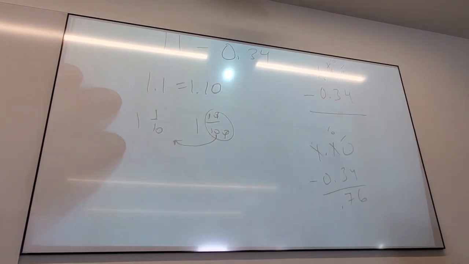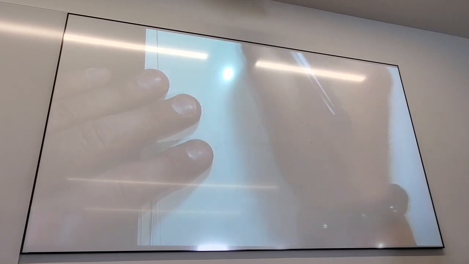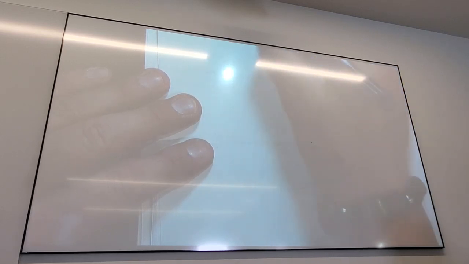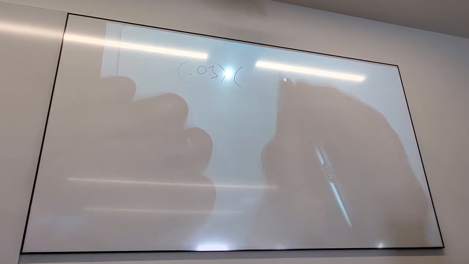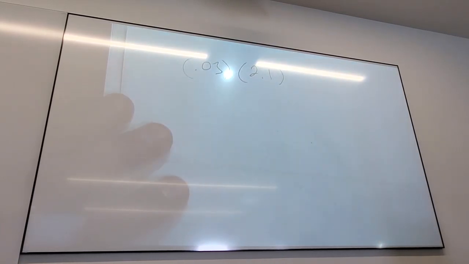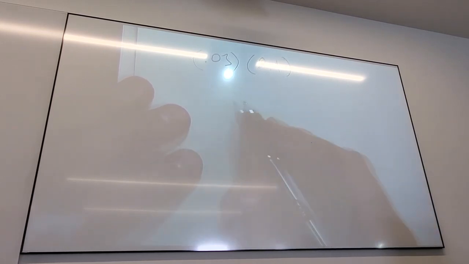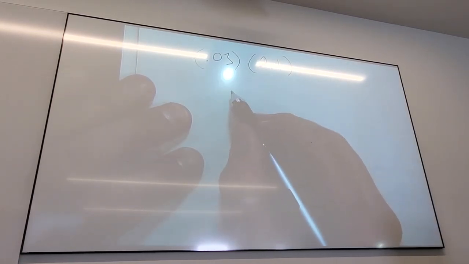So one way to approach decimal problems is to bring it back into fractions. Like if I'm gonna multiply, I can't remember if we did a problem like this, 0.03 times 2.1. Can you rewrite those as fractions? Don't say anything, just take a second and rewrite it as fractions.